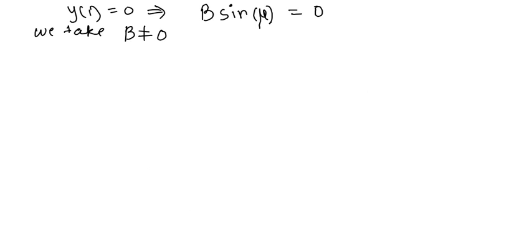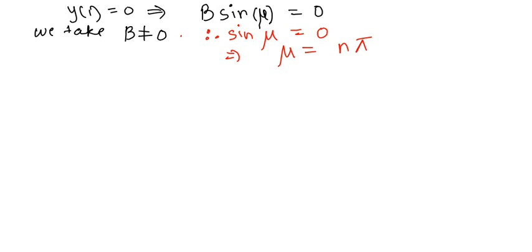So here what will happen? Therefore sine of mu is equal to 0. What does this imply? Mu is equal to some n into pi, some integral multiple of pi.